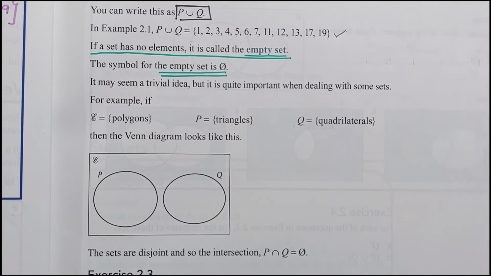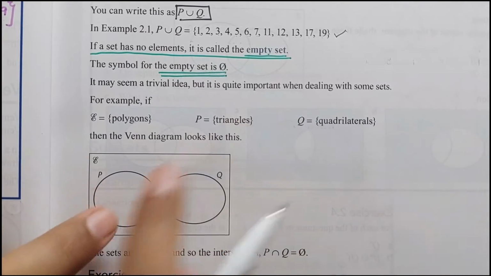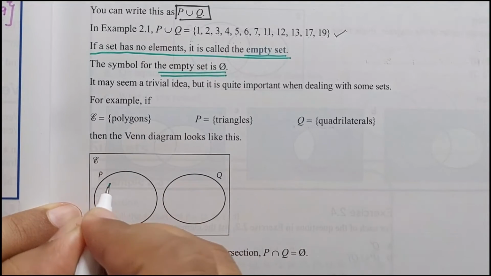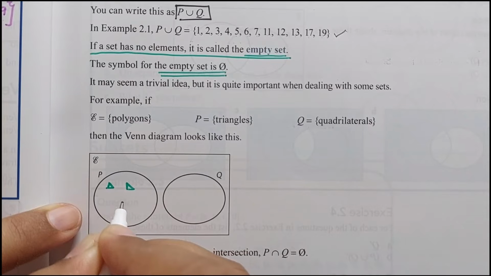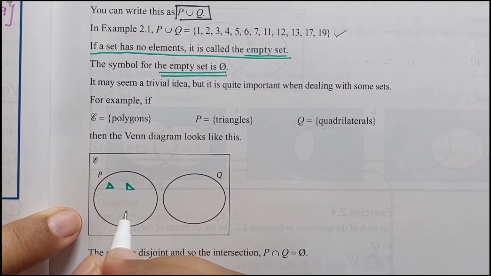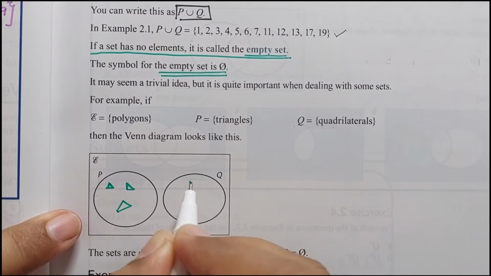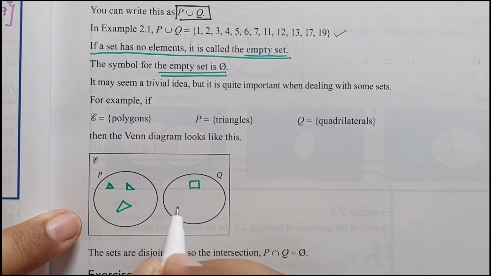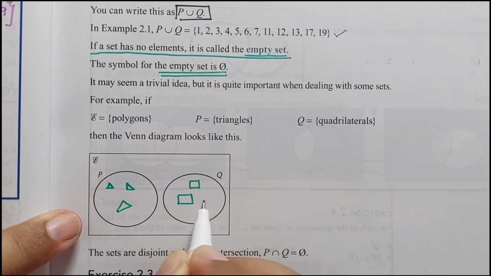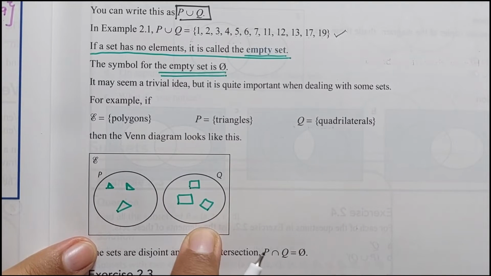The universal set is all the polygons, and the set P contains any kind of triangle: right angle, isosceles, equilateral, or scalene. The set Q contains quadrilaterals having 4 sides. It can be a square, a rectangle, or a kite. Any shape having 4 sides is a quadrilateral.